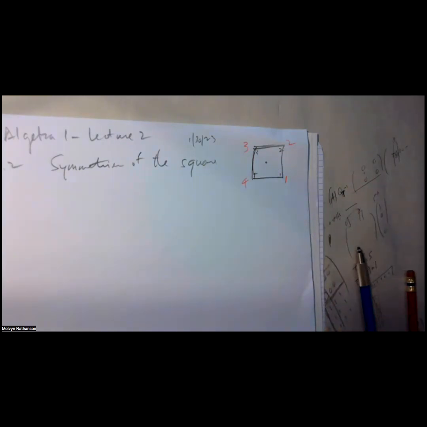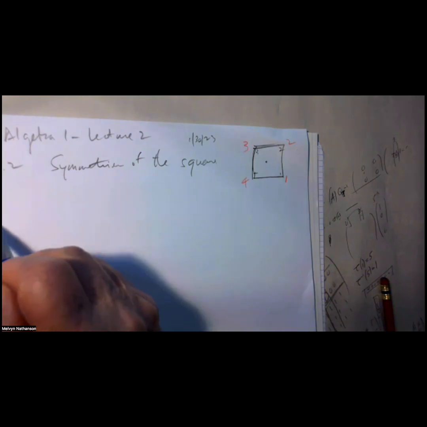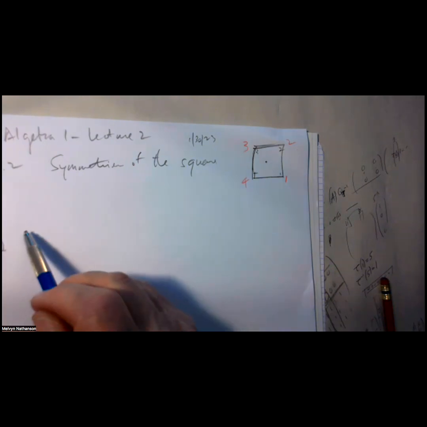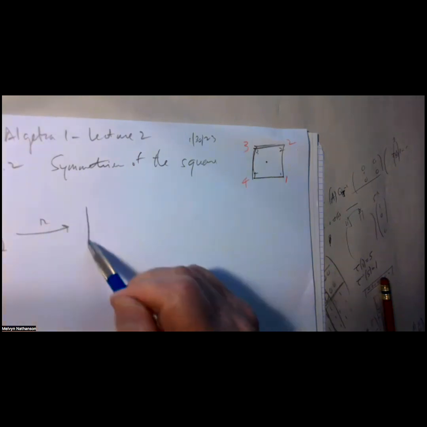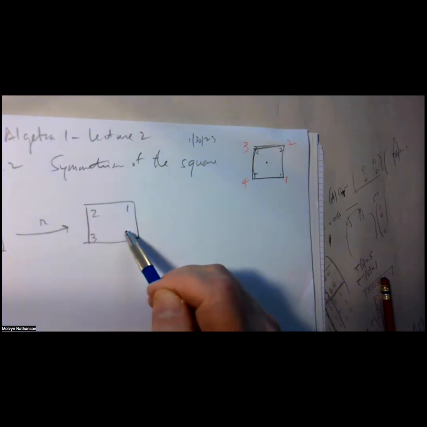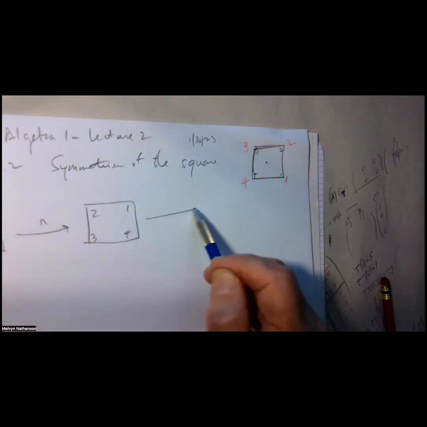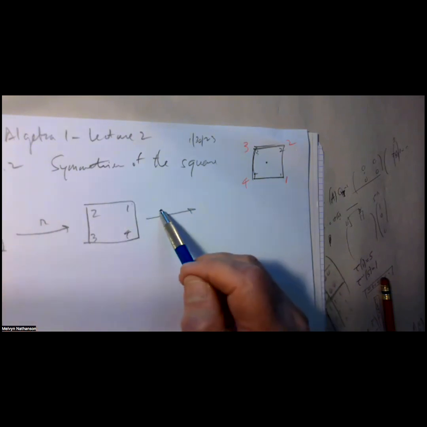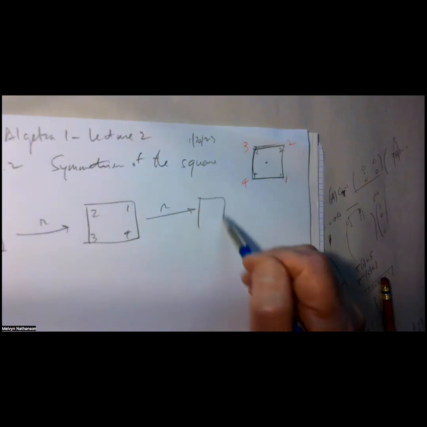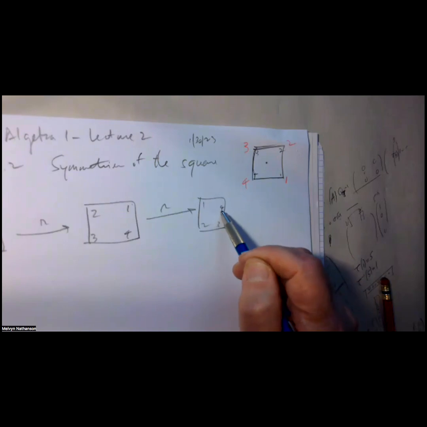So here we have 1, 2, 3, 4. If we rotate it once, the 1 is moved up here and so forth. If we rotate it a second time, so now 1 is here, 2, 3, 4.